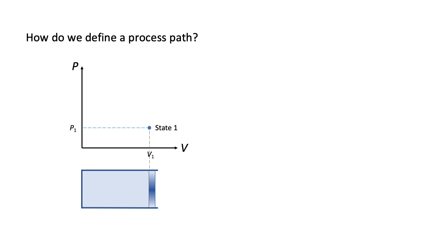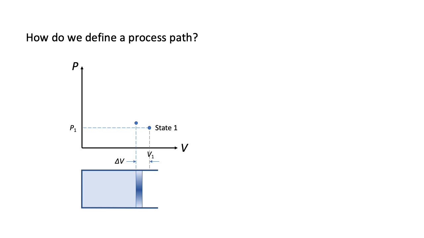So now this raises the question, how do we define a process path while the piston is moving? So over here, the piston is stationary, the gas is at equilibrium, and we mark both the pressure and the volume.